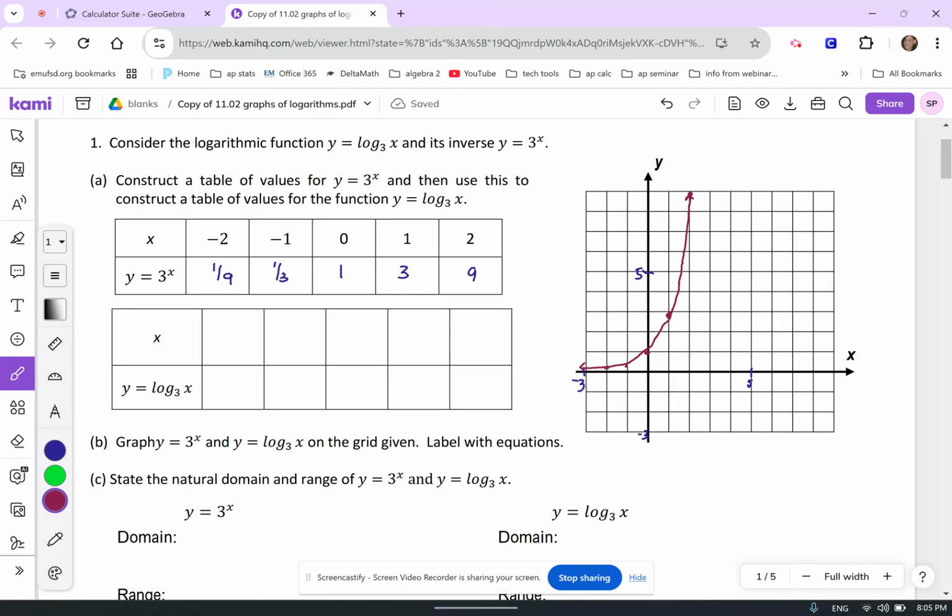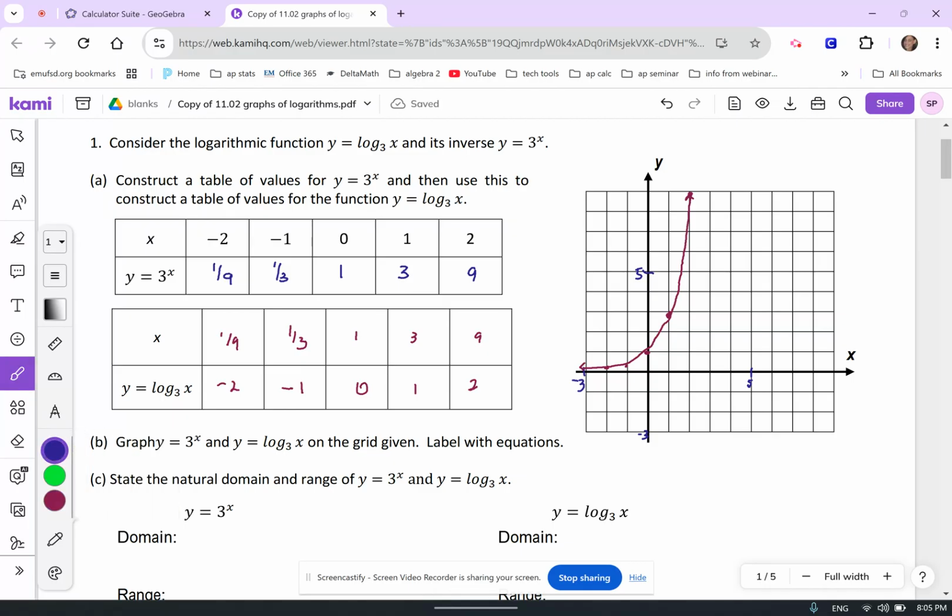Then when we're taking the inverse of the function, which creates the log function, you switch your x and y. So this would be 1/9 and negative 2, 1/3 and negative 1, 1 and 0, 3 and 1, and 9 and 2.